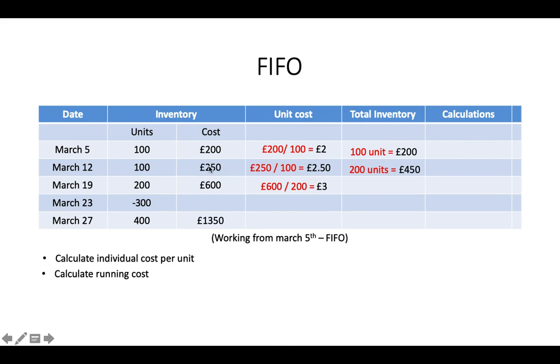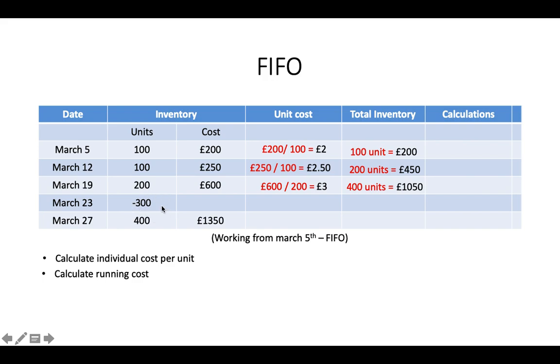This cost us £250, so we're going to add them together to give us a running cost of £450. On the 19th, we added another 200 units, giving us 400 units, and an overall costing of £1,050, adding in that extra 600 there. We now want to value this 300 issue.